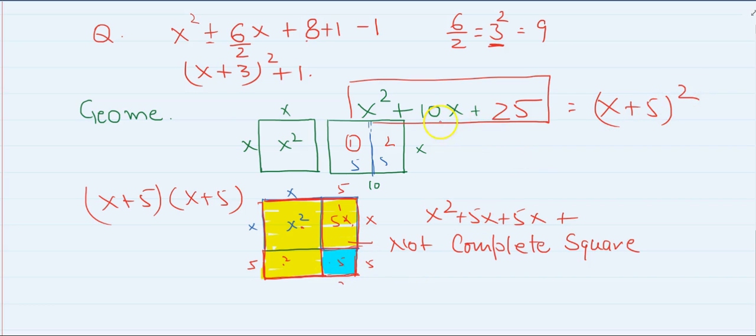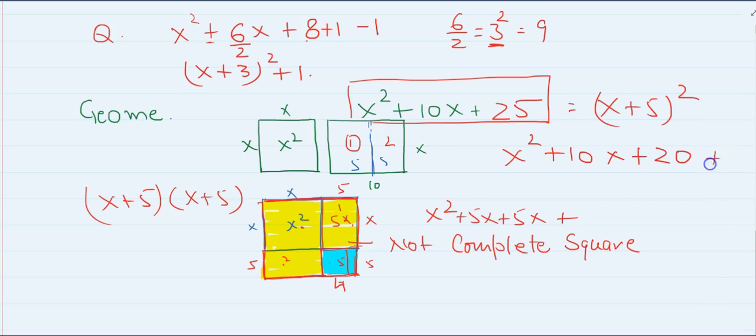Now imagine the question is x square plus 10x plus 20. So instead of this 5, you have 4 here. So 4 times 5 is, this is 5, this is 4, this is 20.